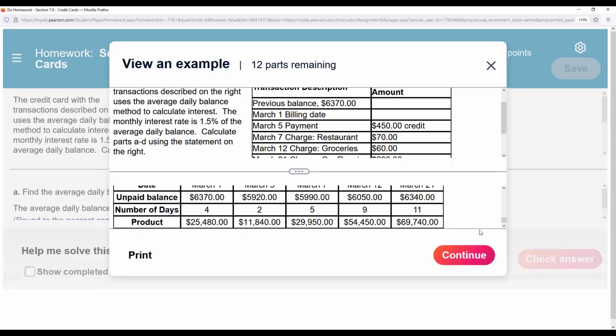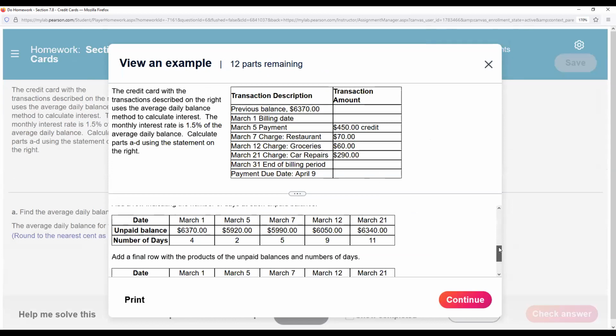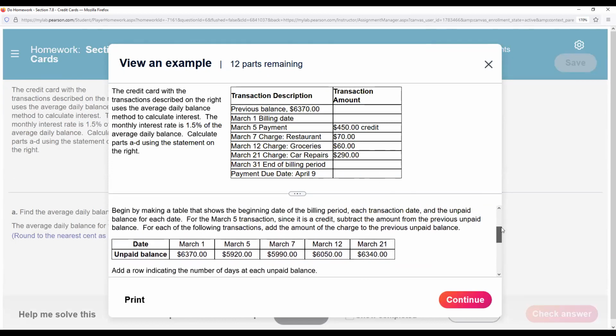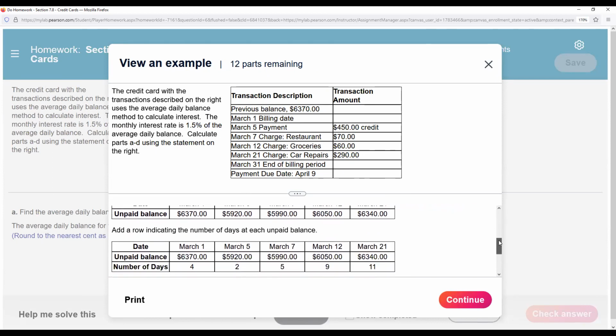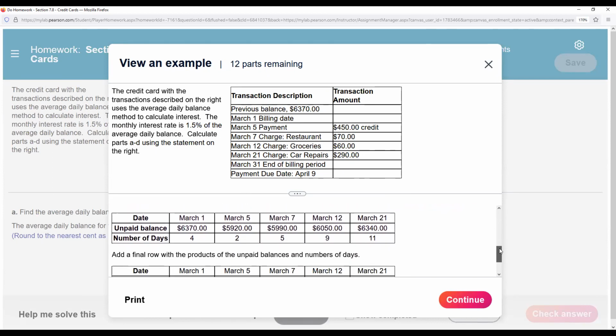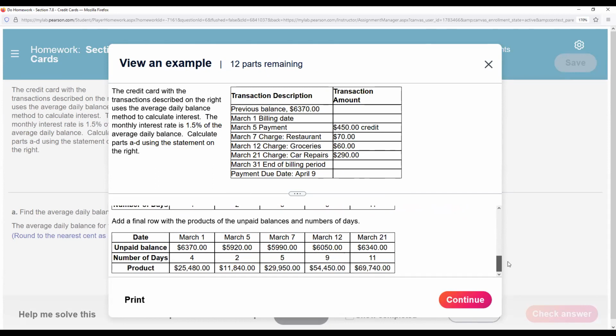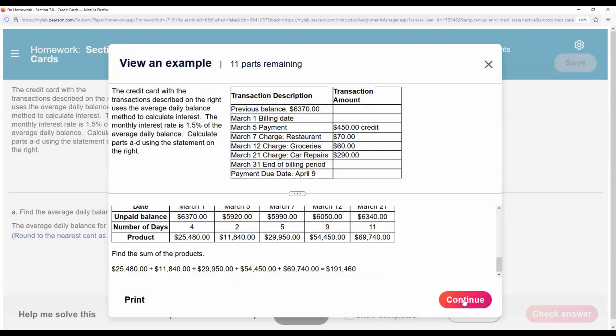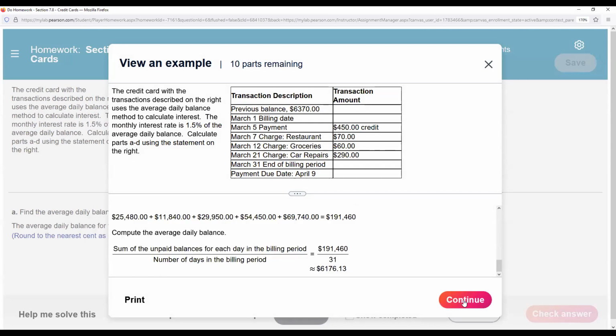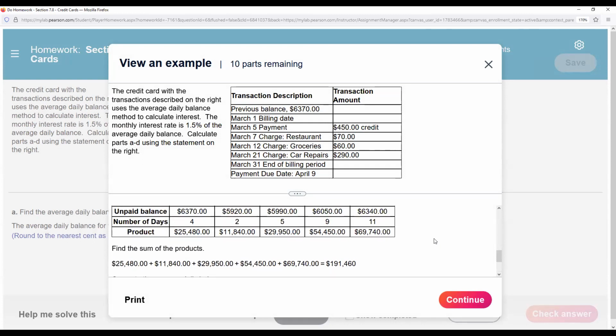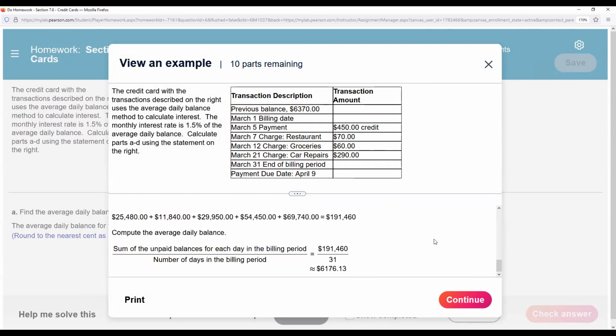Zoom out a bit, can't see what's going on. Yeah, I think it's gonna take a little too long.